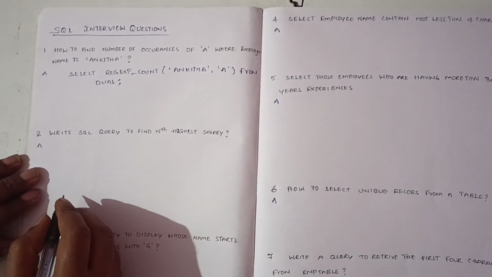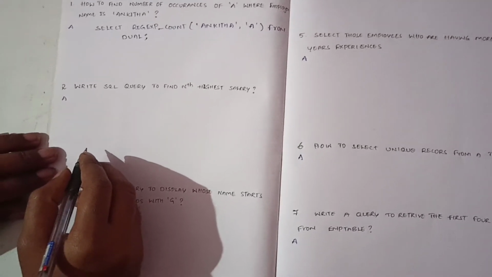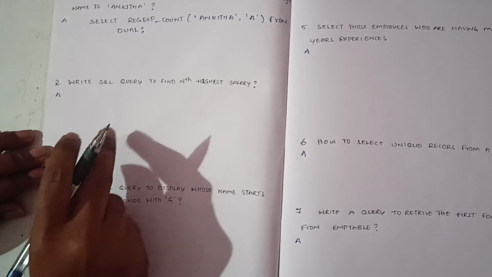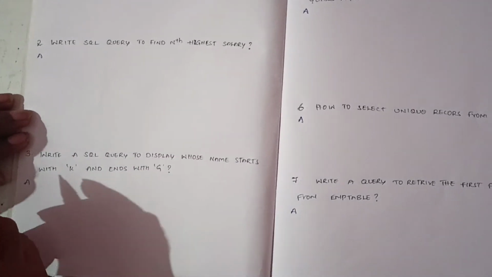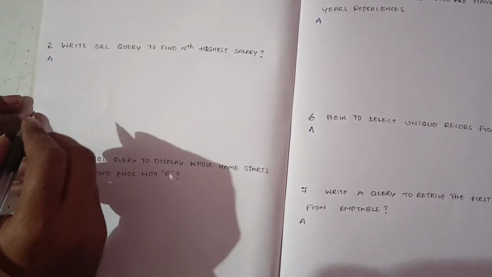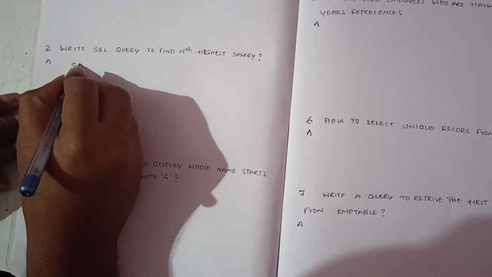And coming to another interview question, write the SQL query to find the nth highest salary. It is a very important interview question in SQL. For this we are going to write the query.